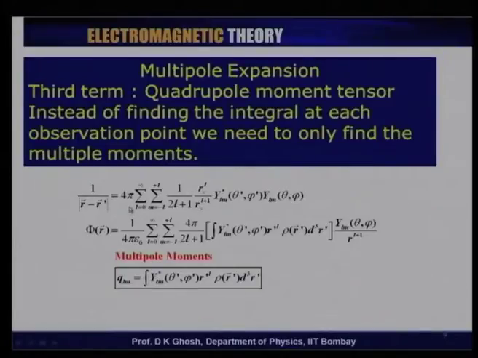This is written as 4 pi, sum over L going from 0 to infinity, and sum over m going from minus L to plus L corresponding to a given L, 1 over 2L plus 1, times r less to the power L by r greater to the power L plus 1, where r greater and r less are to be identified with r or r prime, whichever happens to be greater or lesser of the two.